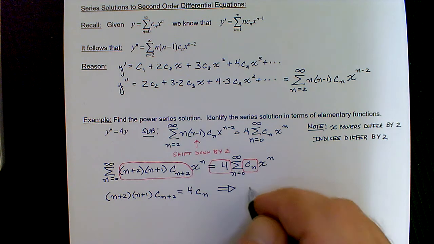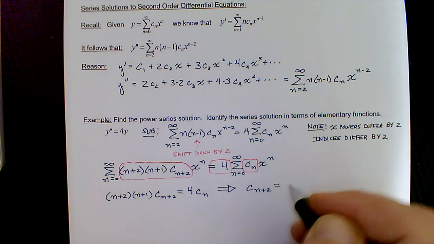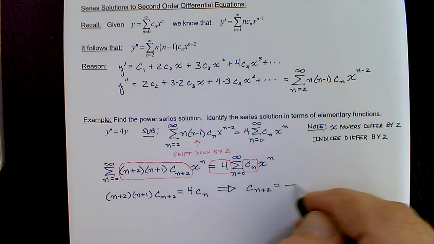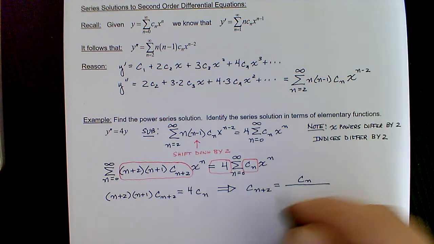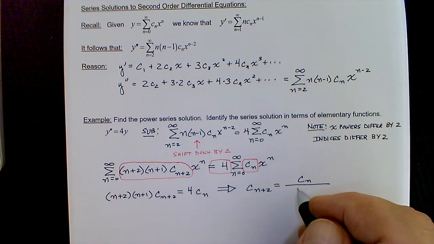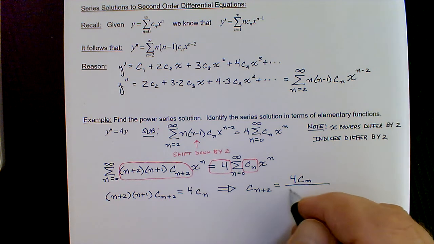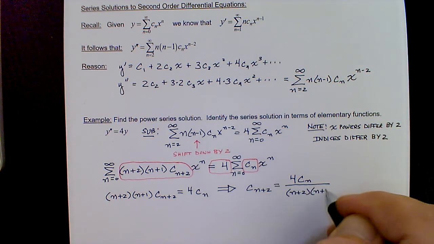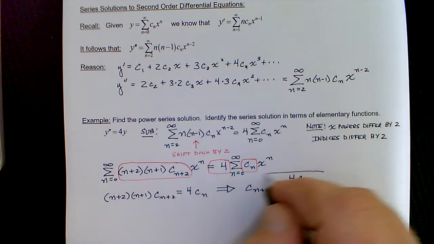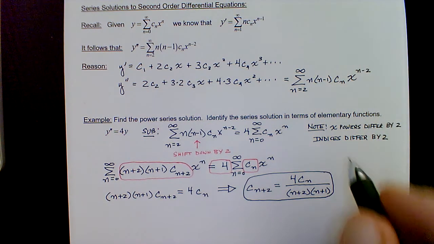And then we get our recurrence relation. That c sub n plus 2 is equal to 4c sub n over n plus 2 times n plus 1. So there's our recurrence relation.